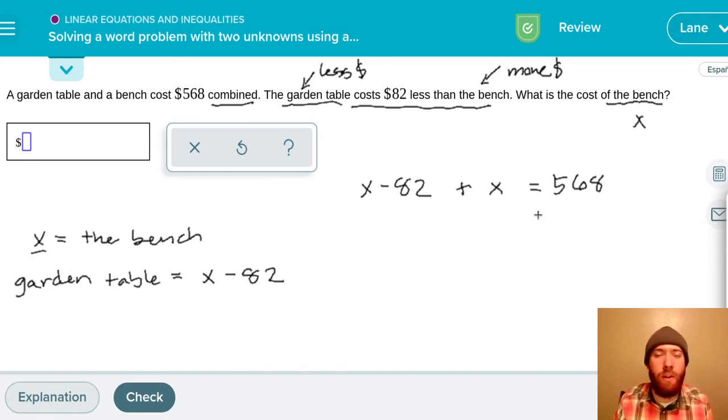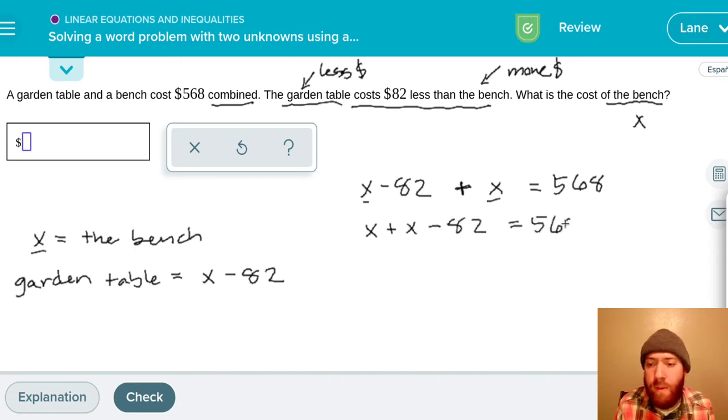Now we've written our equation, and we need to solve it. We should begin by adding these two x's together. Because we're adding right here, I could write this as x plus x minus 82 equals 568.